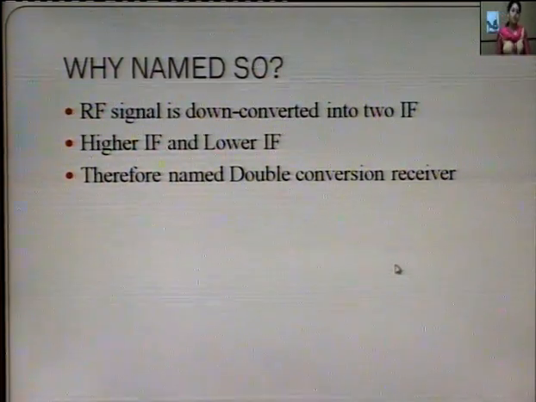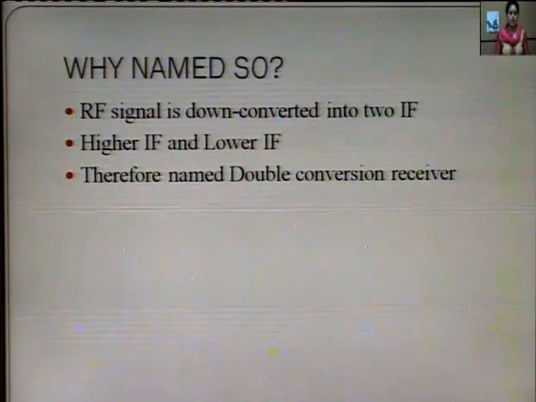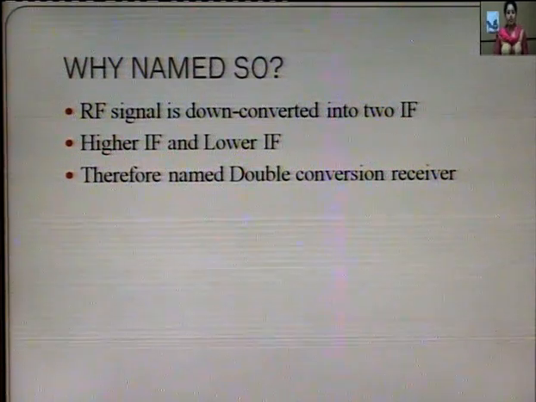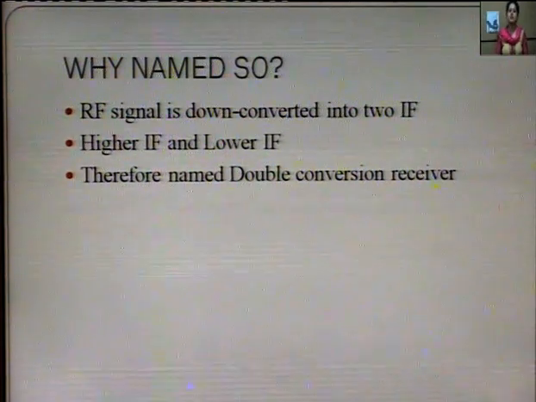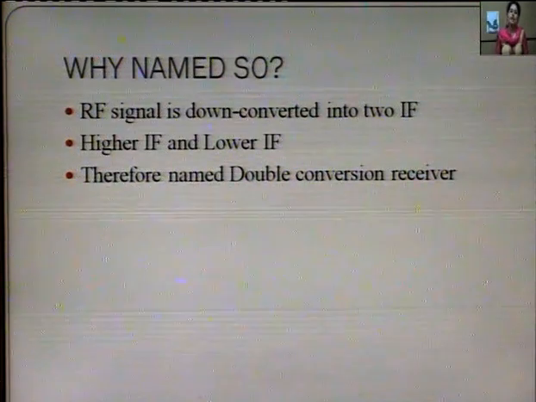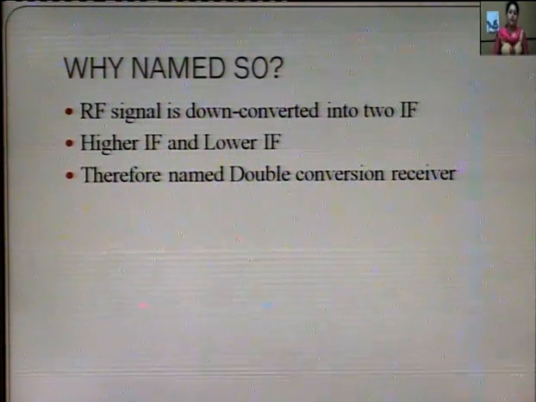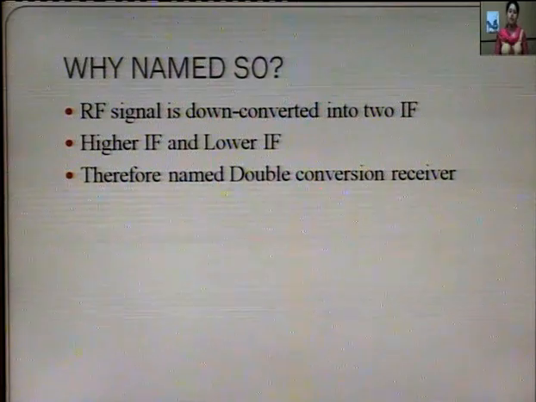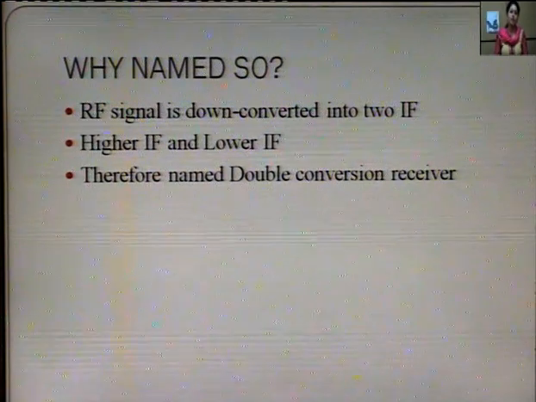Now, why is a communication receiver named a double conversion receiver? As we have discussed, the IF is a trade-off between the high IF and the low IF. In your communication receivers, the solution is that you are having two intermediate frequencies, one is a high IF and the second is a lower IF. So when you are down converting one RF signal into two intermediate frequencies, you are having two frequency conversions, two frequency stages, two mixers.